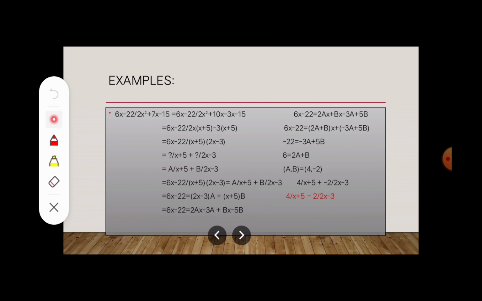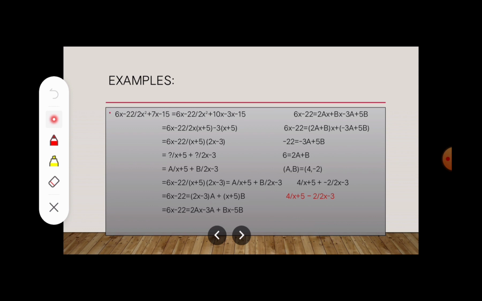Then simplify the expression. So we have 6x minus 22 equals 2ax minus 3a plus bx minus 5b. Then group the powers of the x terms and the constant terms.